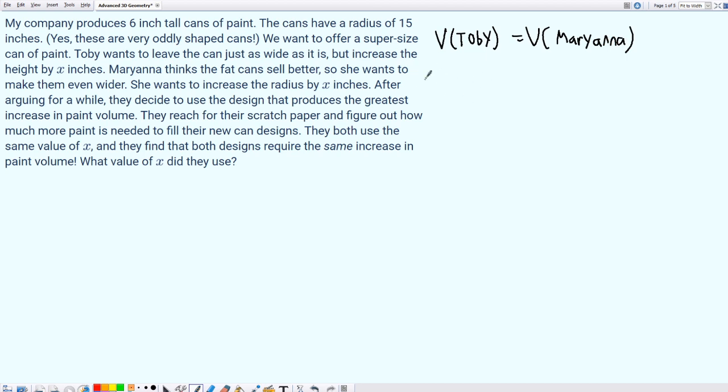Now, what can we do with that? Well, we know that the volume of a cylinder is equal to pi r squared times the height. So, let's think about Toby's can. Toby wants to increase the height by X inches. So, let's write an expression for Toby's volume.